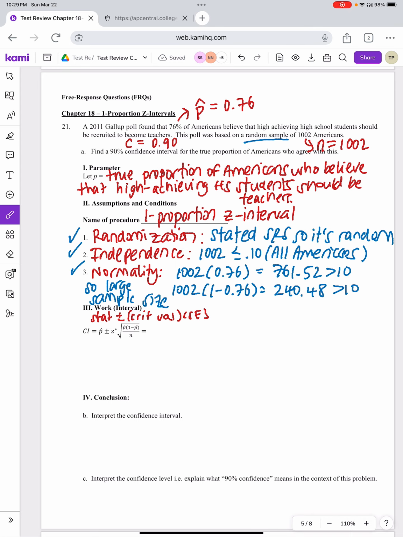So this is going to be our p hat, which we said was 0.76, plus or minus 1.645 times the square root of p hat 0.76 times 1 minus p hat, which is 0.24, all over the sample size, which is 1,002. So we can type this into our calculator.